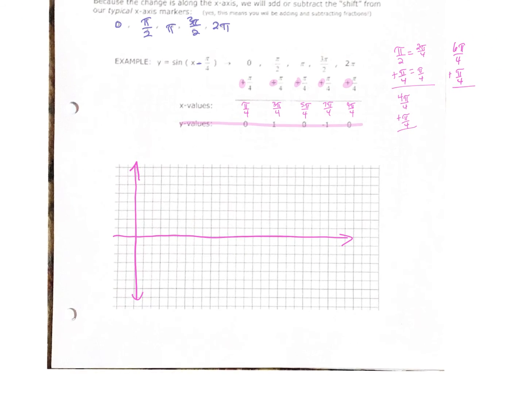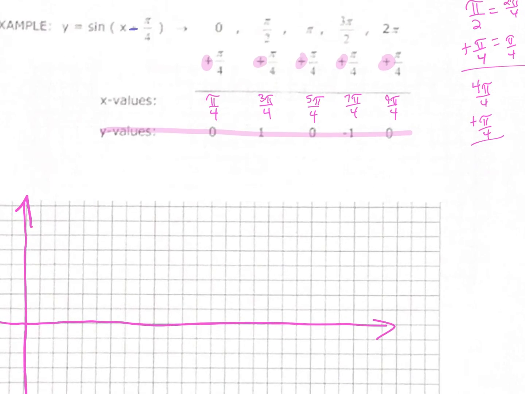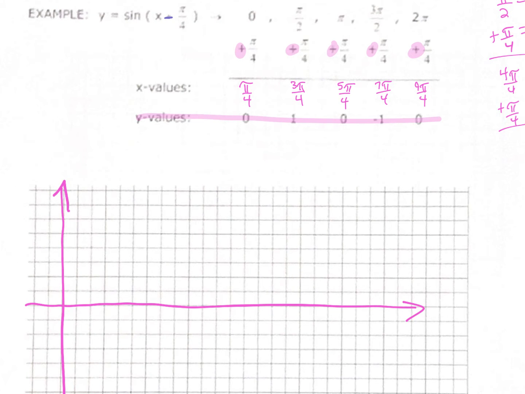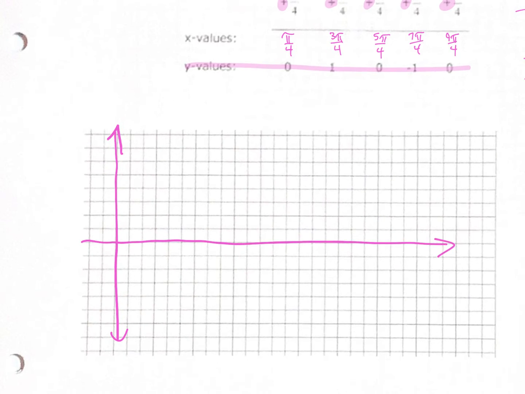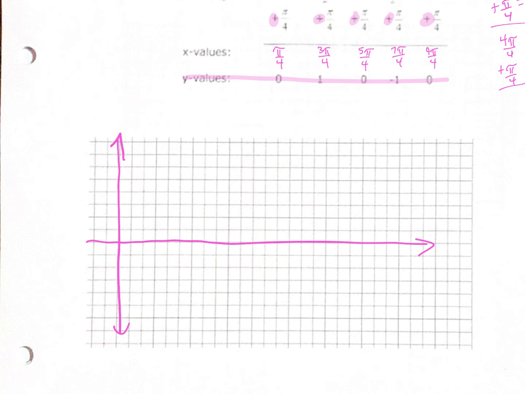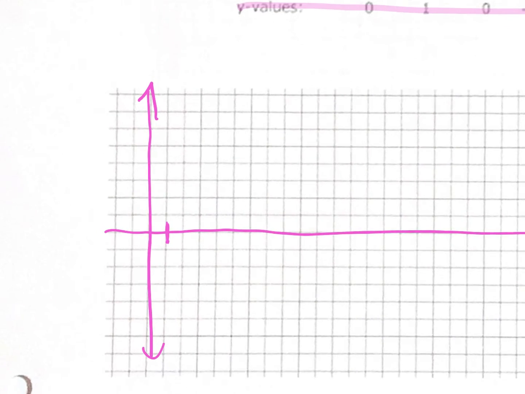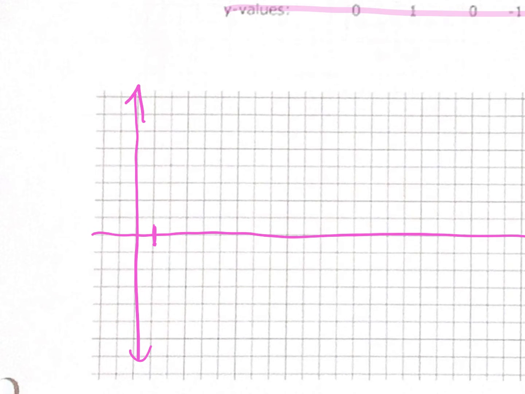All right, if you look, we are starting pi over 4 units away from the origin. So you have to decide how many boxes you want to use to represent that. My suggestion is you should think about that as 1 box away, so 1 little tick mark away. That's a distance of 1 pi over 4.